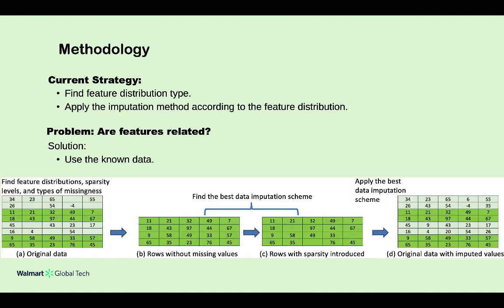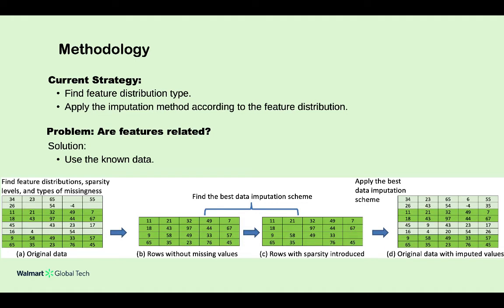So this is the method that we propose. First there is the original data, which as you can see over here has some missing values. Now what we'll do is we'll pick up only those rows where there is no missing data, and as a result we are left with these 4 rows as shown in figure B. Now we introduce sparsity into those features which had sparsity in the beginning, and the sparsity level is also determined by the actual sparsity level that was present in the original data.